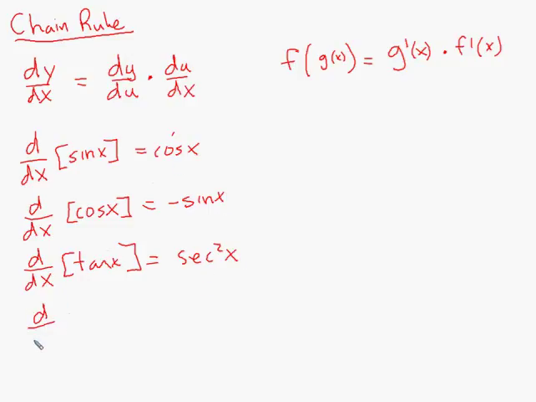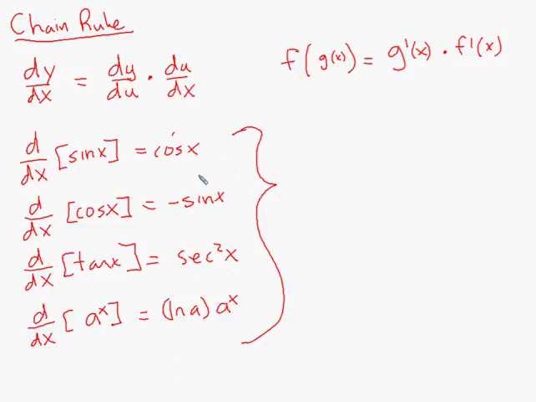And for an exponential function like a to the x, the derivative is natural log a times a to the x. Each day we'll add a few to memorize. Do not expect that you can get by without memorizing them.